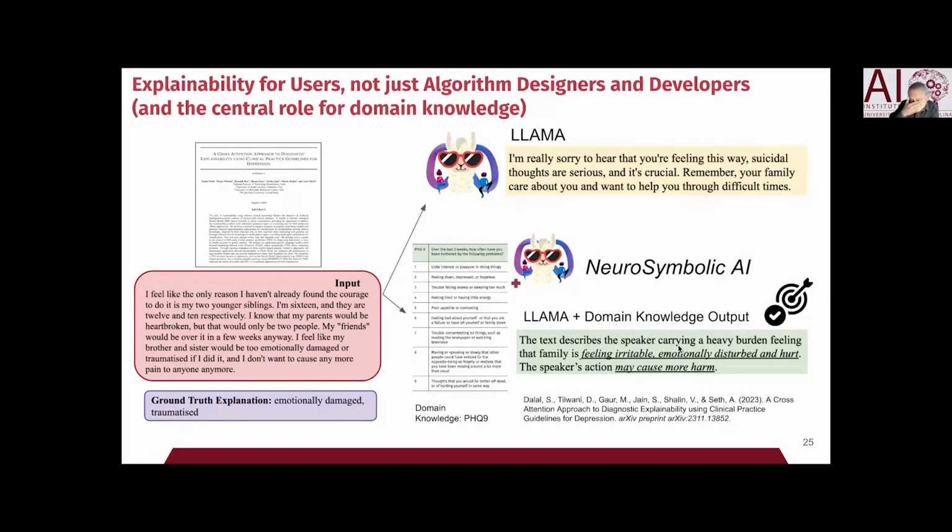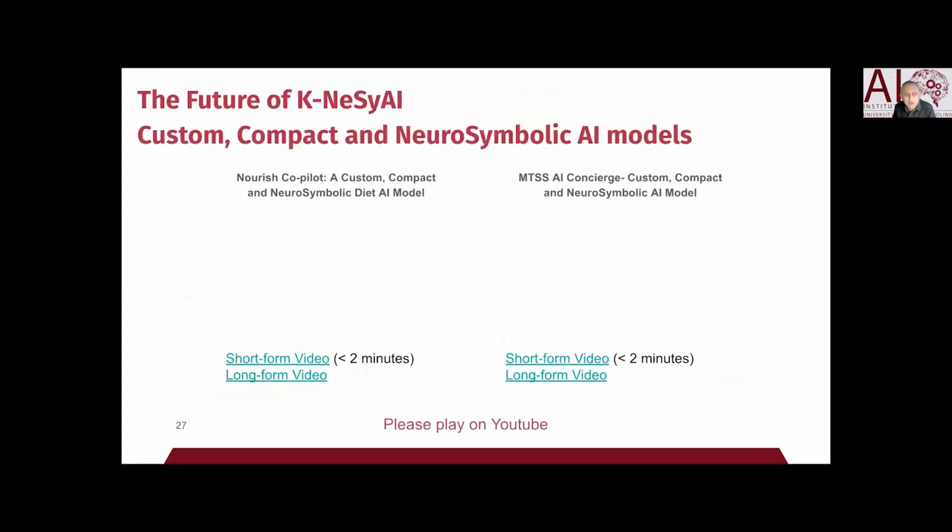In this particular case, we know that this is depression related, and we have domain knowledge related to PHQ-9, which is used to diagnose or characterize depression, and the results incorporate that particular knowledge.